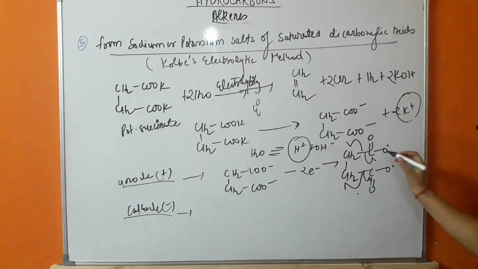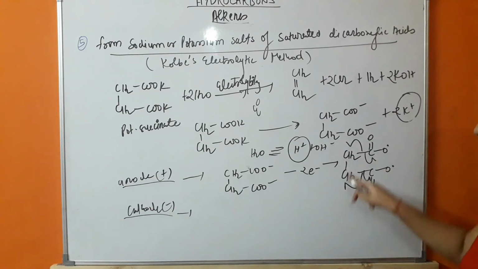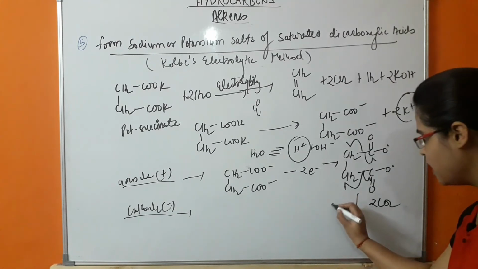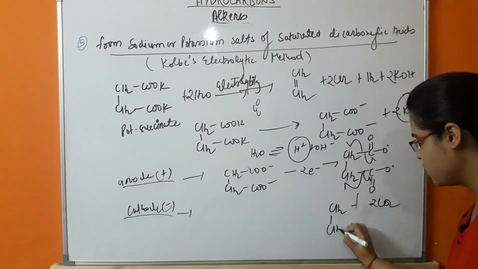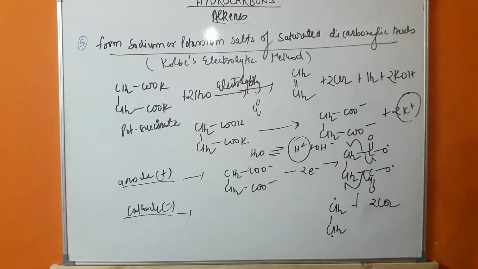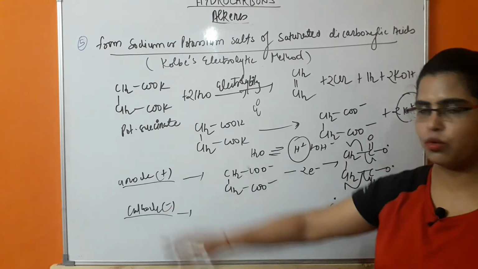So there will be formation of a double bond between carbon and oxygen, and the odd electron will come on this carbon and this carbon. So there will be removal of 2 CO2, and the CH2 free radical, in which both carbons have an odd electron, will form a double bond between them. So there is formation of CH2 double bond CH2, that is ethene, at the anode.